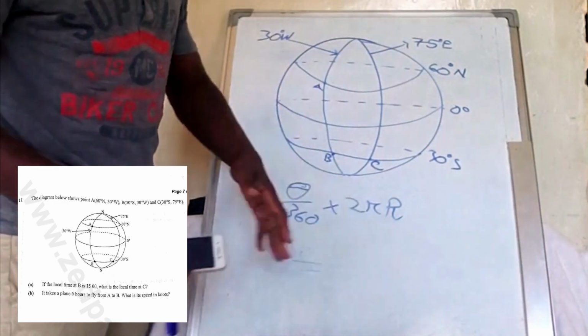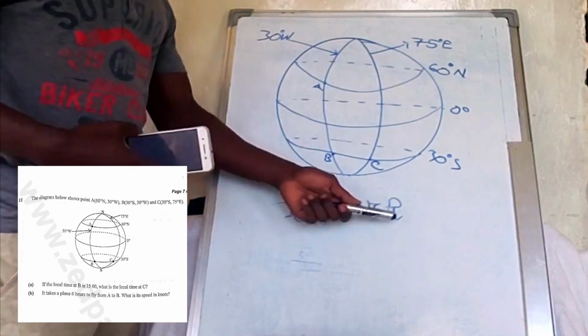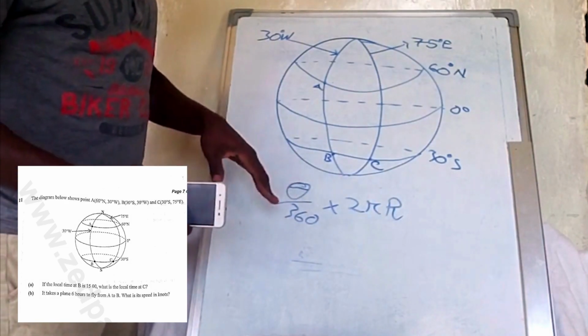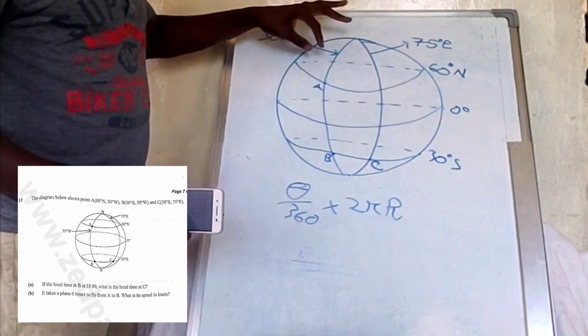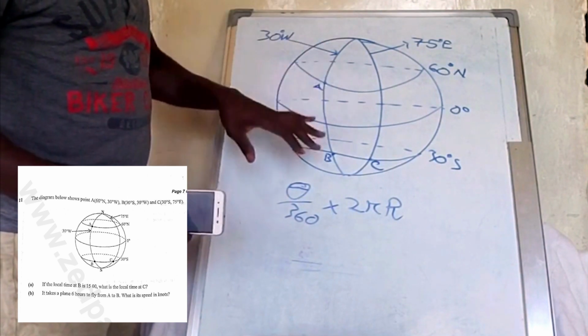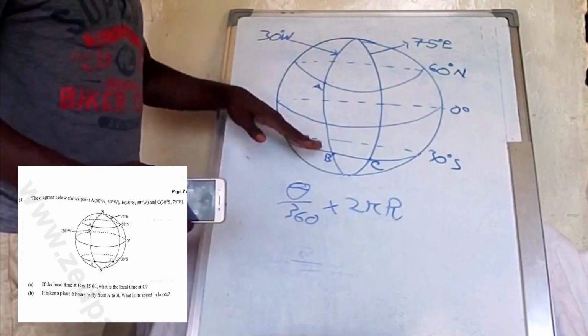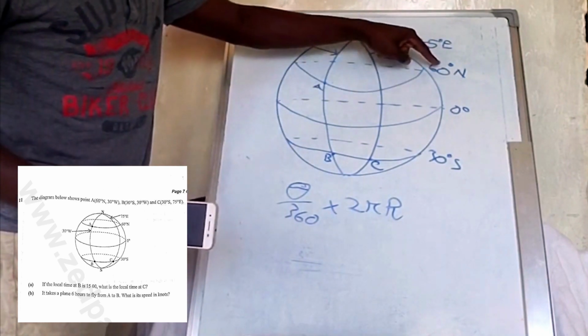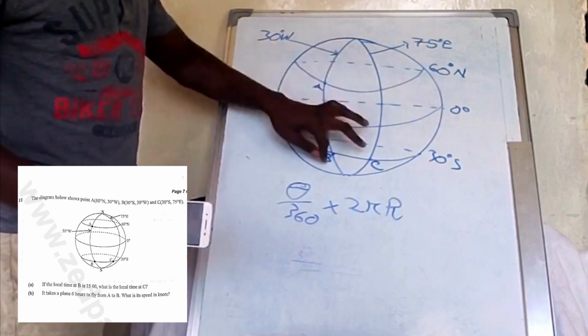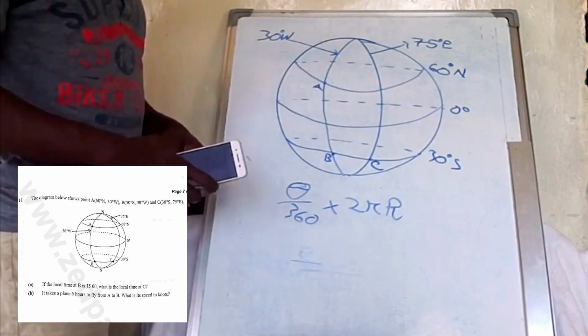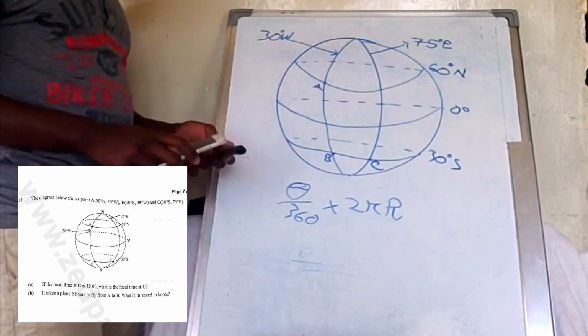And theta in this case is representing the difference in latitude between the 2 points. So this is lying on 60 degrees north, this is lying on 30 degrees south. So the difference between these 2 points is what we replace in the theta.